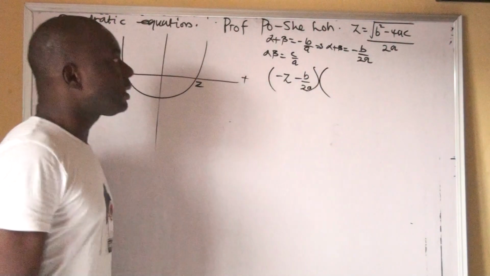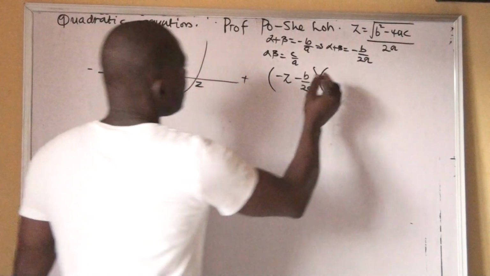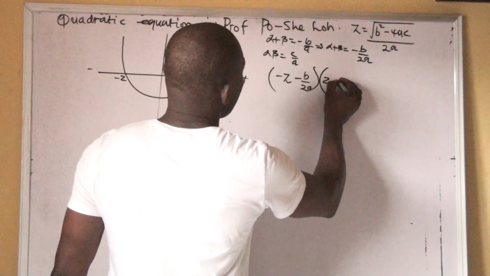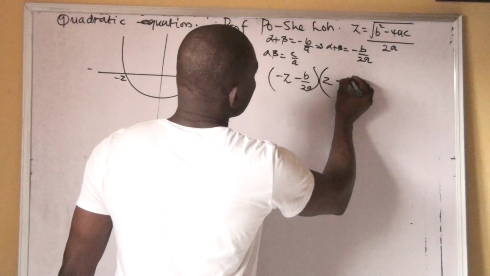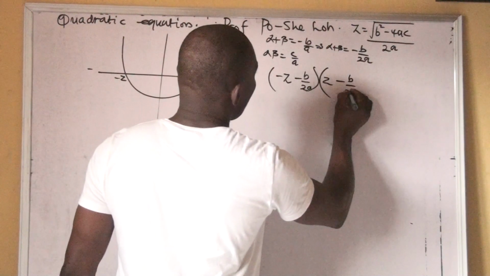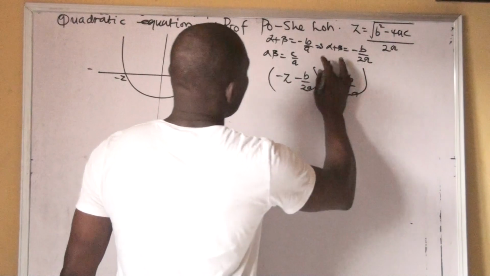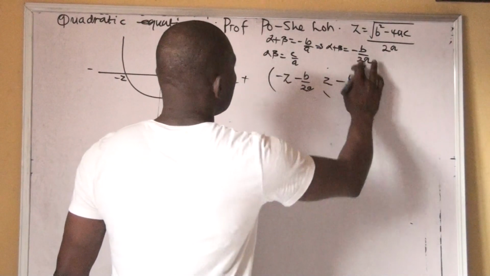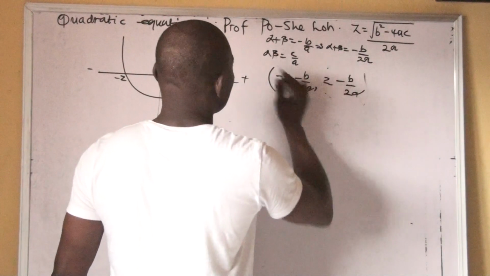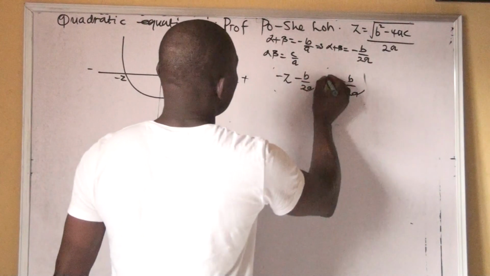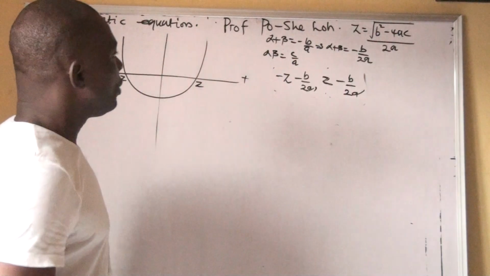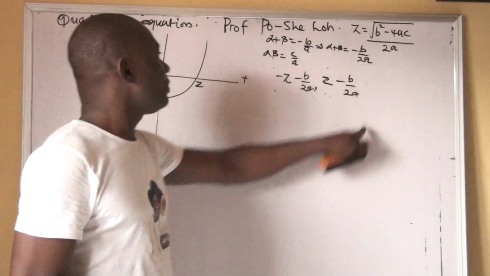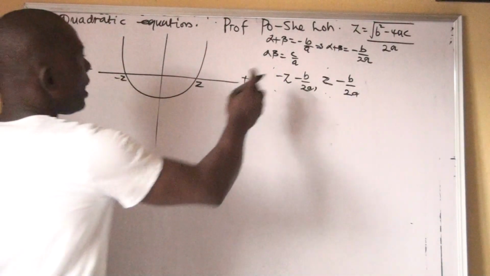On the other side we have z, plus this average, minus b over 2a. These are the two possible roots: either z minus b over 2a, or minus z minus b over 2a.